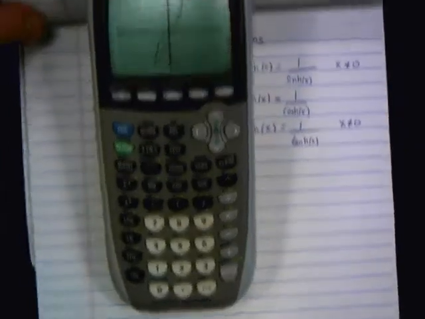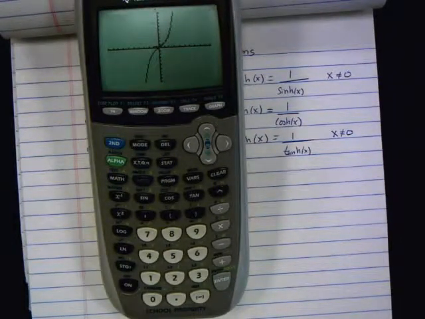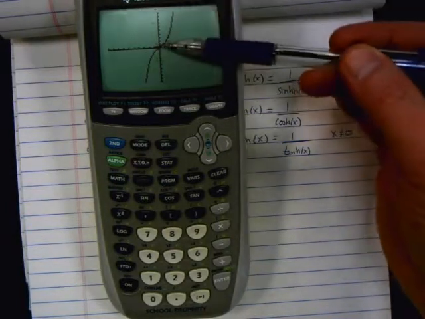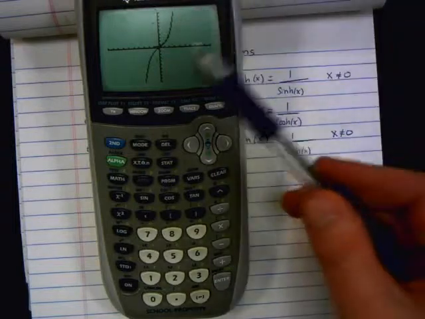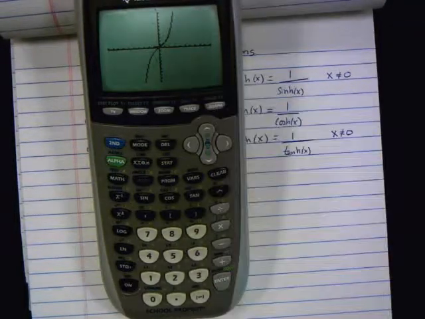You can't see it. So you would notice that the graph of e to the x over 2 is very, very close to the right-hand side of this graph. And the graph of e to the negative x over 2 would be asymptotic to the left-hand side.